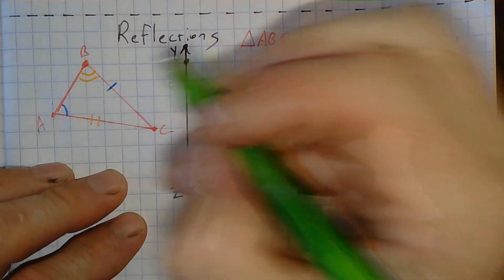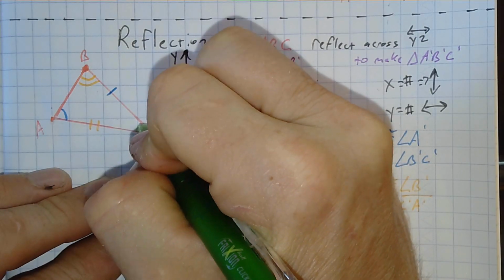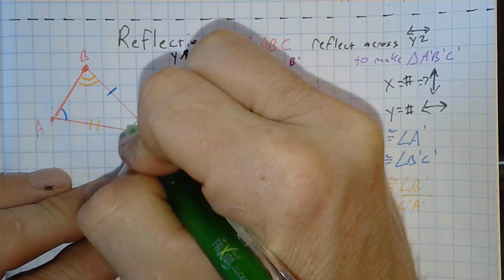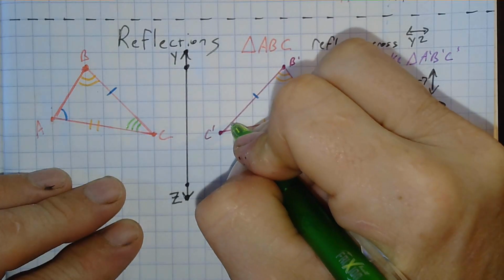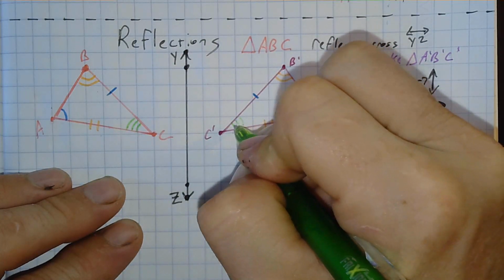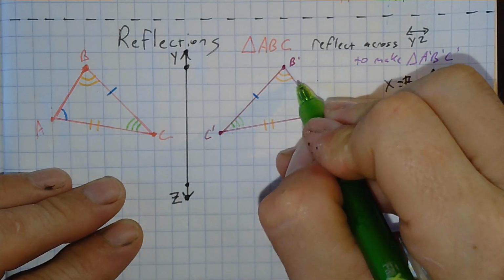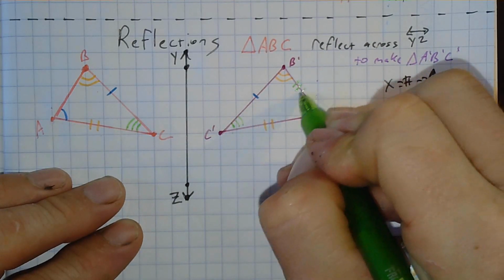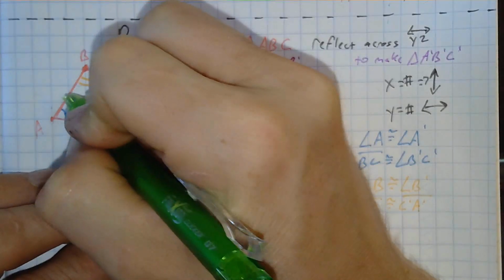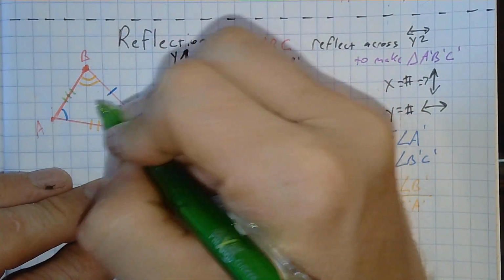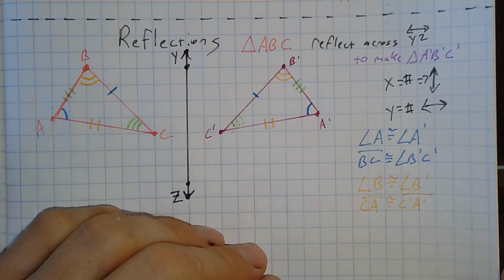I don't know how well green shows up. All right, but this is going to be my third angle that I named. You could name any one of these the same, as long as the pattern at the opposite, especially for triangles, is that the opposite line segments have the same number of arcs and slashes, and so on and so forth.